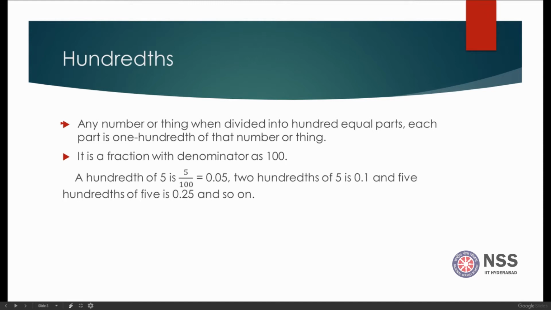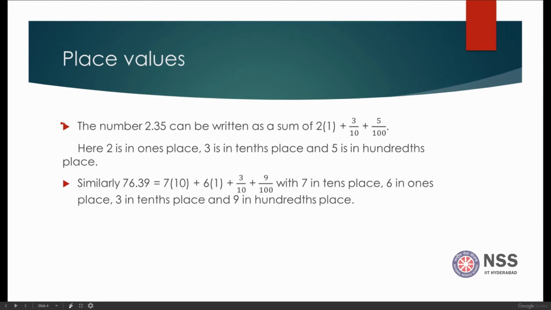Now let's understand place values. Before speaking about this, I told you, have you ever wondered what is before ones? Yes, if I write a number like 2.35, the decimal point is important. After the decimal point, we have terms like tenth, hundredth, thousandth, etc. So, 2.35 can be written as 2 into 1 plus 0.3 plus 0.05.